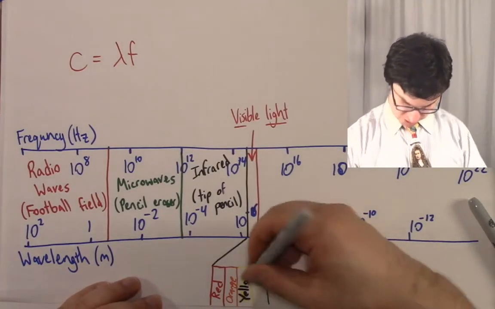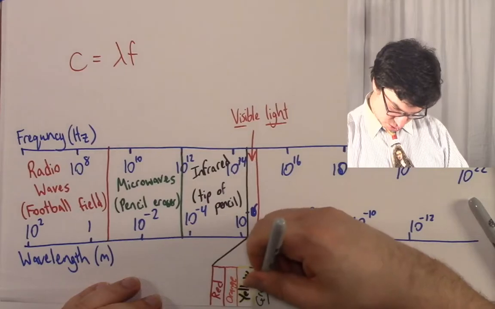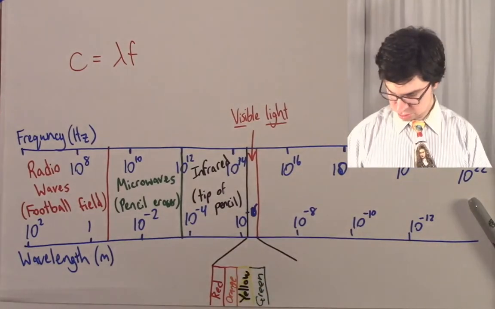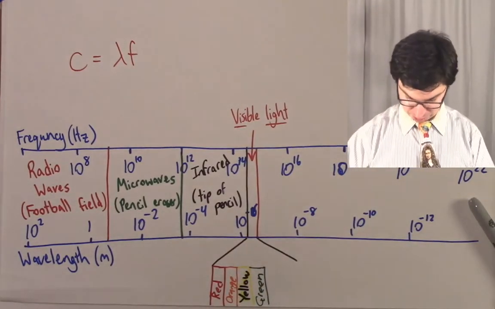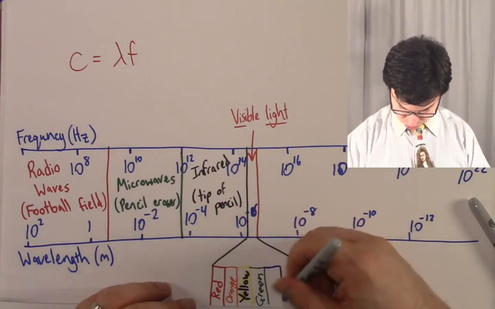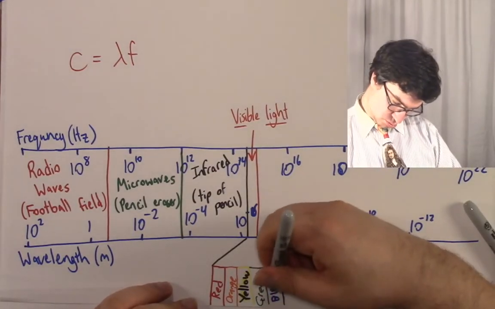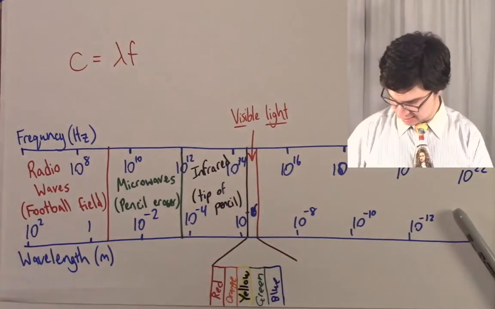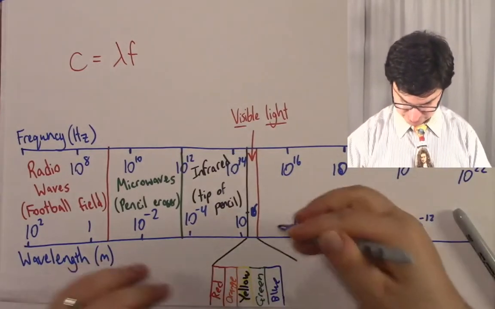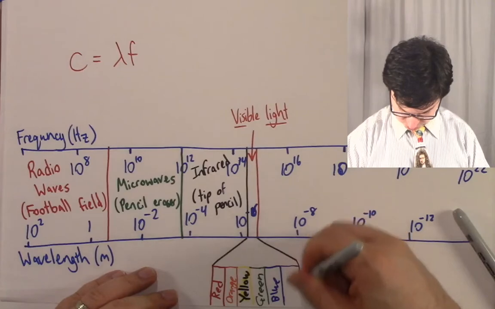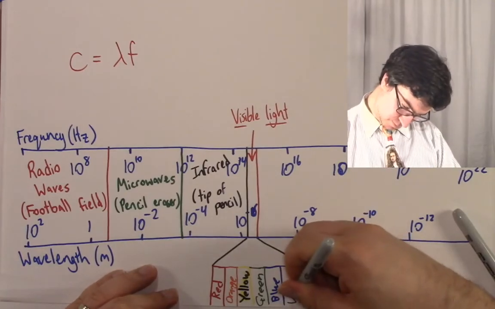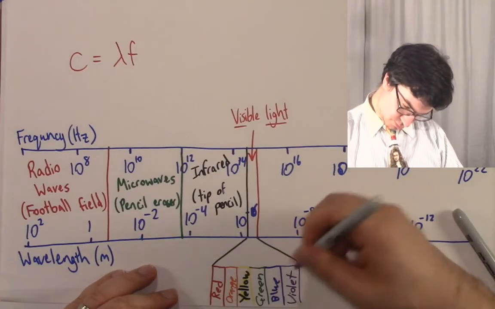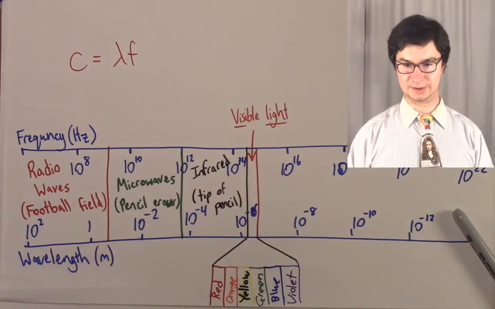So here is the green. And you know what the next color is, blue. And then last color, violet. All right, colors of the rainbow right there, right?